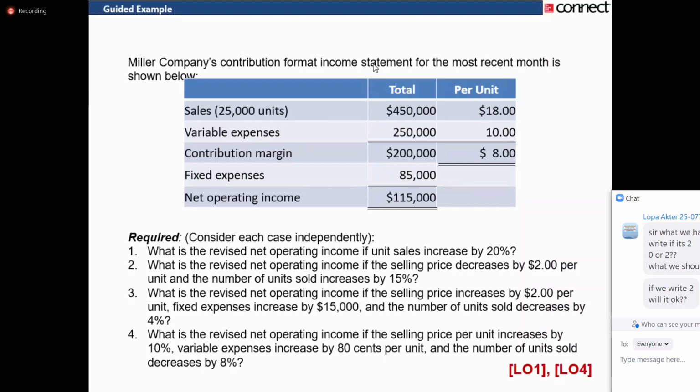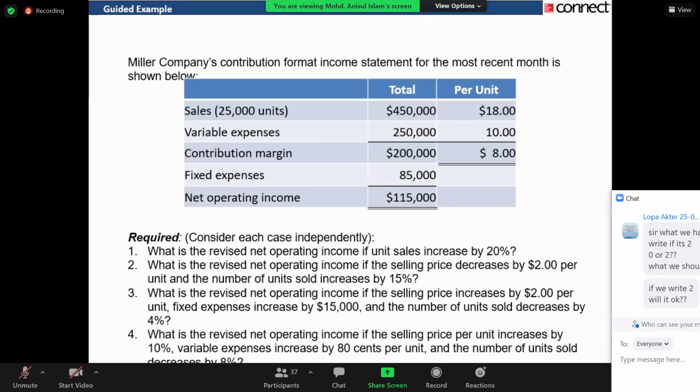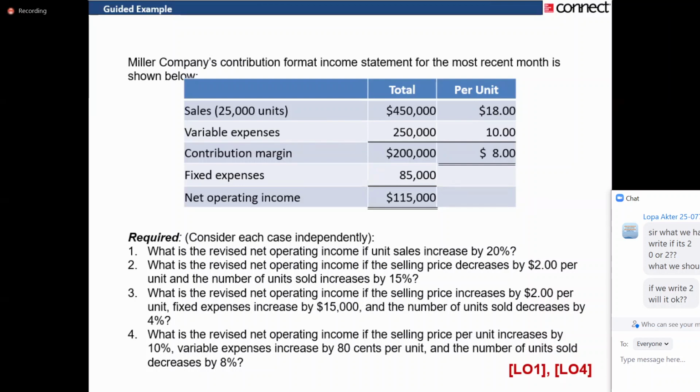You are crowding the chat box with an insignificant issue, whether you will write 2, 0, these things. I expect the 0 there, but do all the process to make it 0 and come to the 0 honestly.